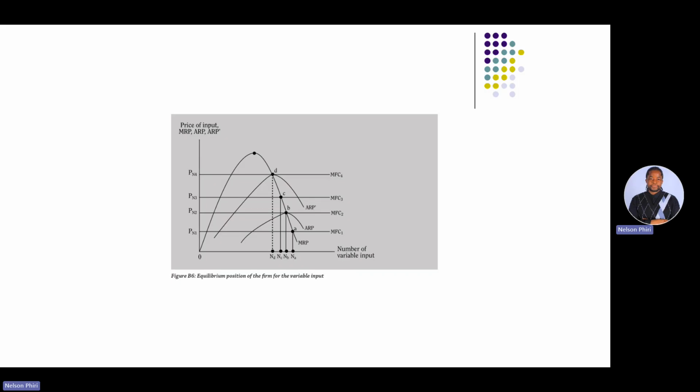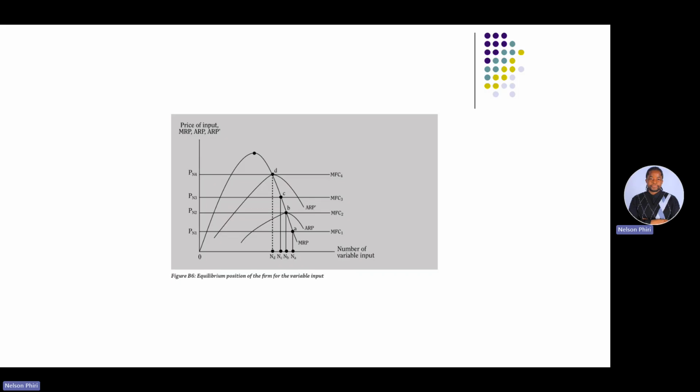So you can see at point A, your ARP curve lies above the MFC, and I've just told you that the total revenue is the ARP times NA. So in essence, it means the firm will be enjoying economic profits.